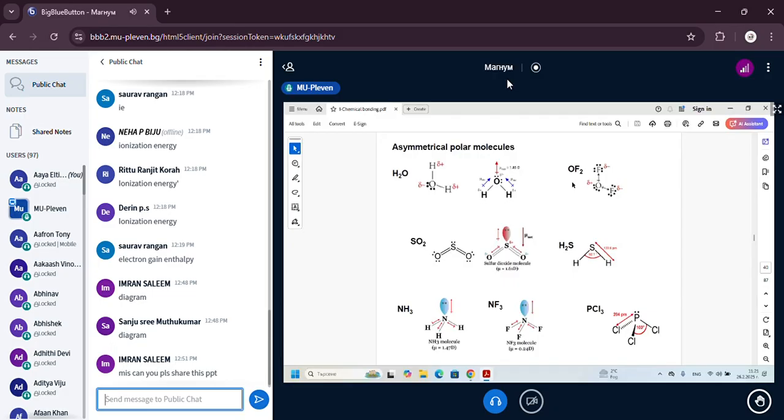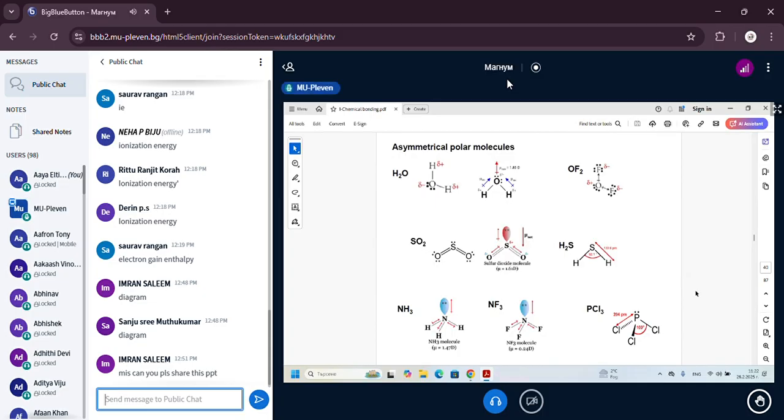Polar molecules include sulfur dioxide, with non-symmetrical shape, hydrogen sulfide, ammonia, nitrogen trifluoride, phosphorus trichloride.